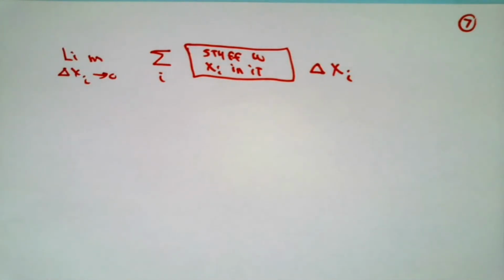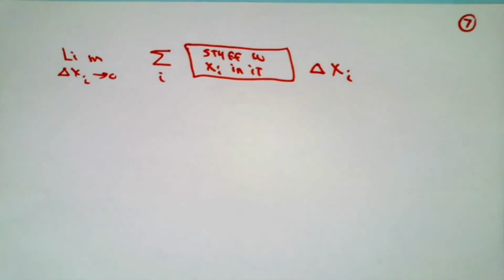If I take the limit of that sum as all of the delta xi's tend to 0, this is the definition of an integral. Previously, we've expressed the thing in the box as f of ci, or in this case, f of xi. Here, maybe it is just some f of xi. Maybe it's just some monstrously ugly thing that has x number i in it. It doesn't make any difference.